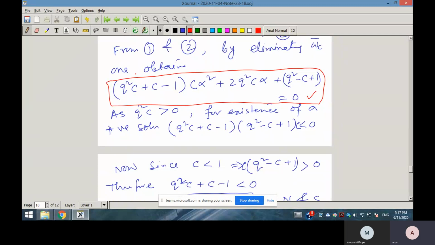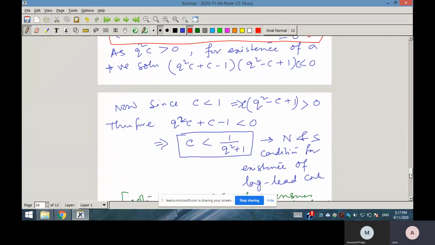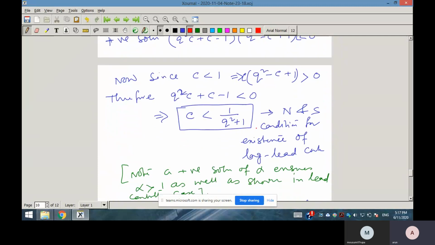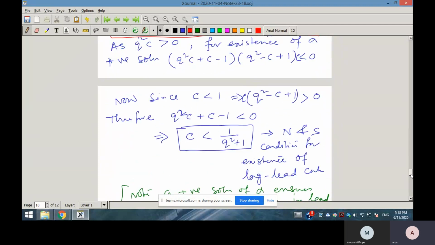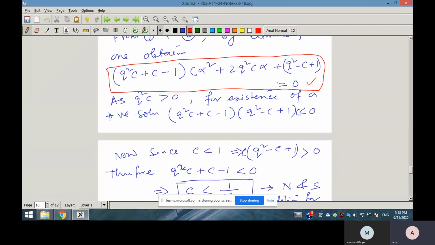If you solve this quadratic equation, then you will get alpha, but before solving this one, you have to check whether the lag lead controller exists or not by checking this condition. Once this condition is satisfied, you have to solve this equation for alpha.